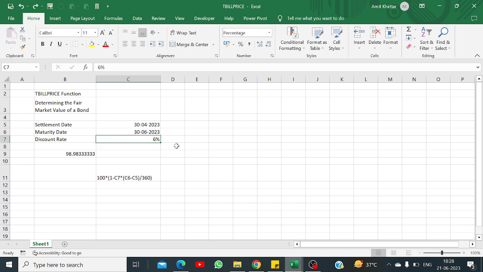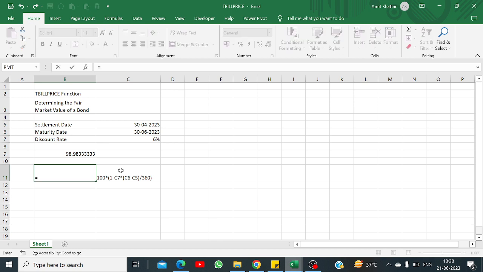Now we can also make use of this formula in order to determine the fair market value. If we apply the values, it becomes 100 multiplied with 1 minus C7, which is the discount rate, multiplied with the differential between the maturity date and the settlement date.